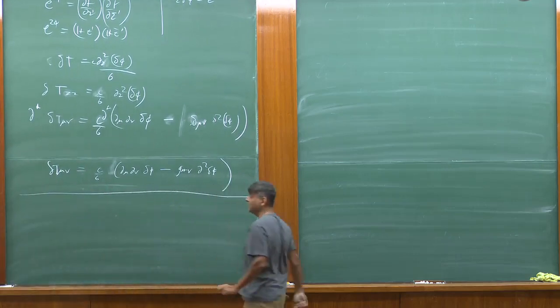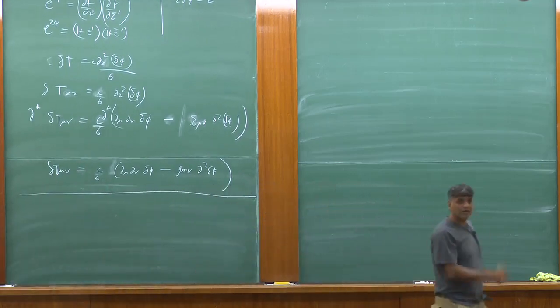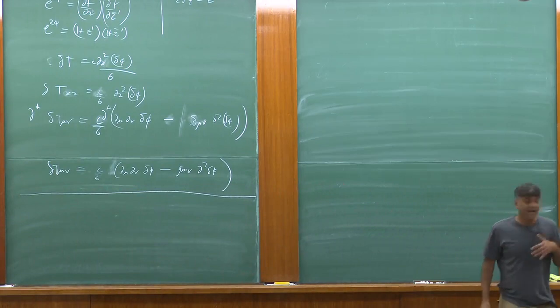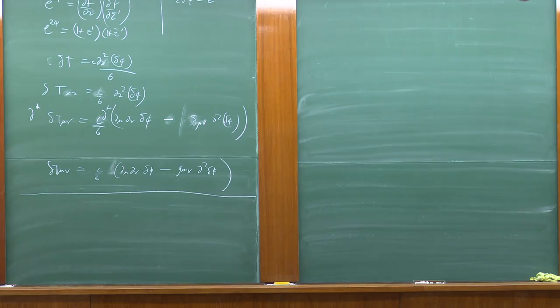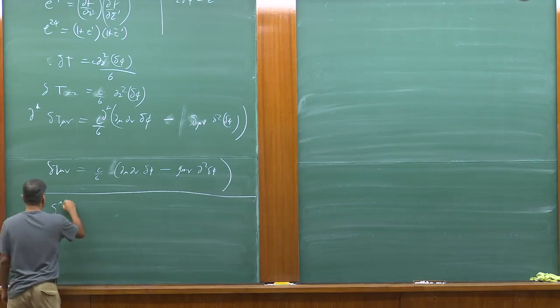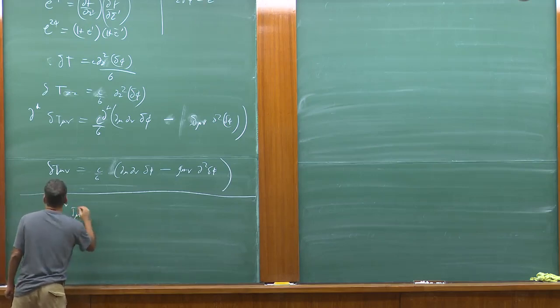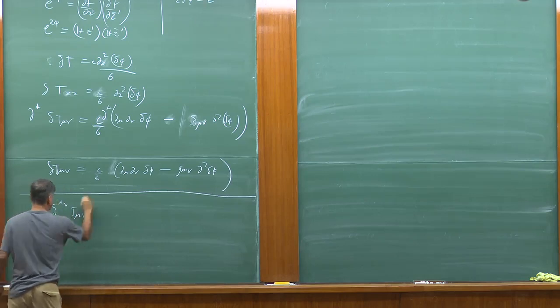Okay, so this is very good, but as Omkar last time pointed out, it tells us that one of the things we were trying to do, namely to define a theory with the traceless stress tensor, is not working. Because you see, suppose we now take delta mu nu, T mu nu, and take delta of that.